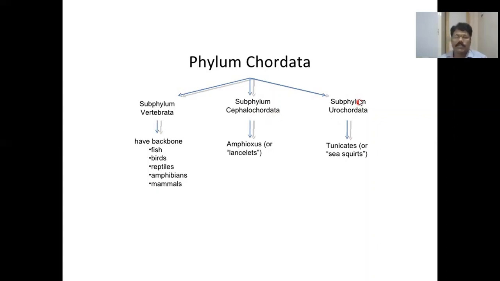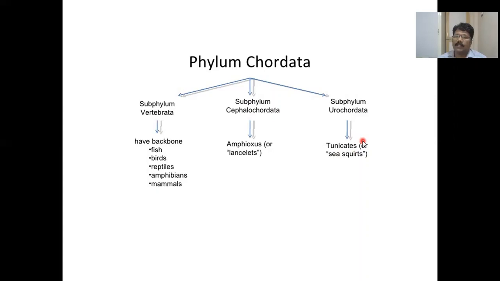And we discussed to some extent the details of the general characters of the urochordates. Urochordates are commonly known as tunicates. Tunicates means the body is covered by a cellulose-like material called tunicin.